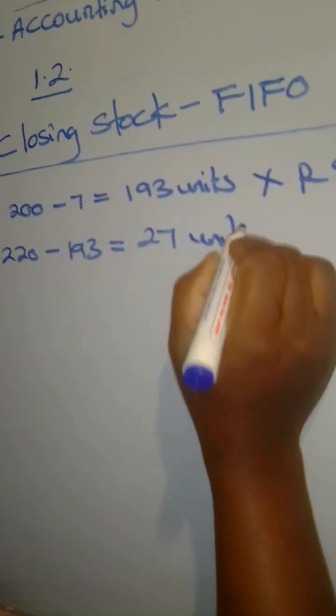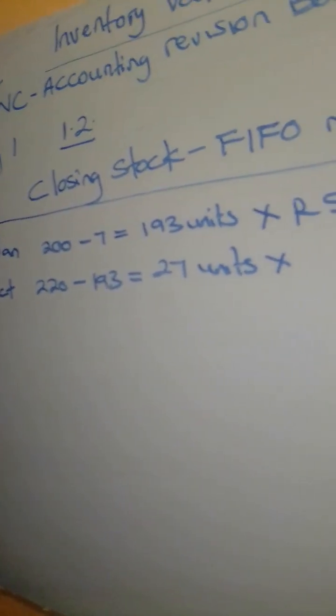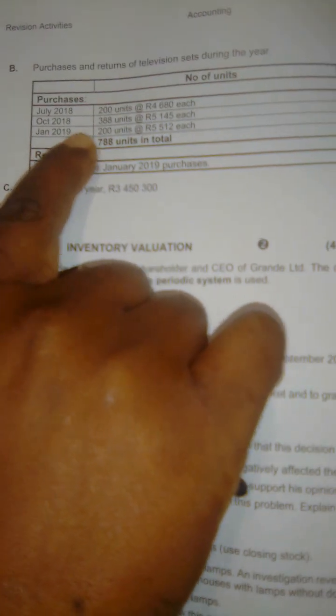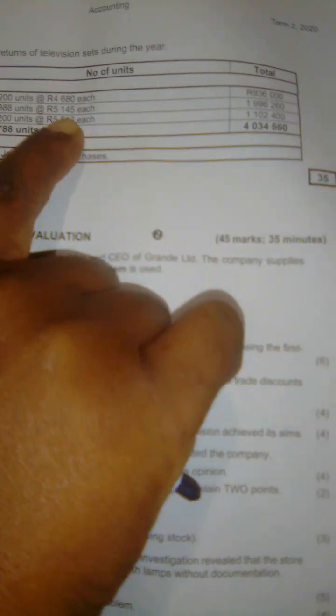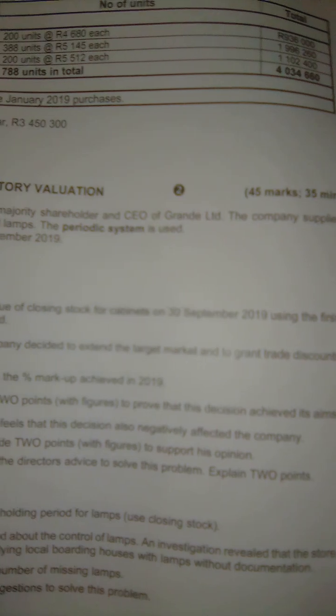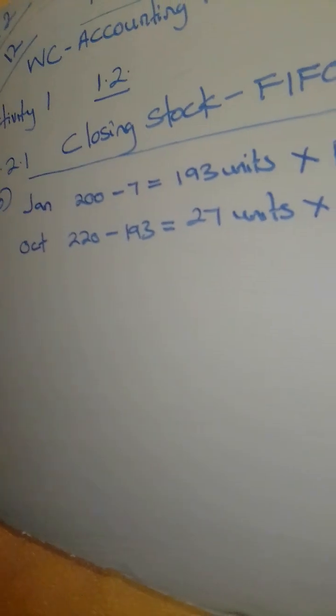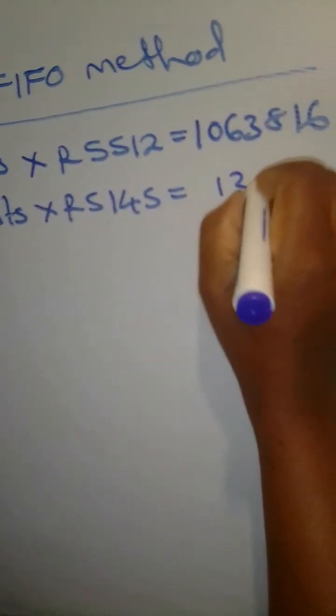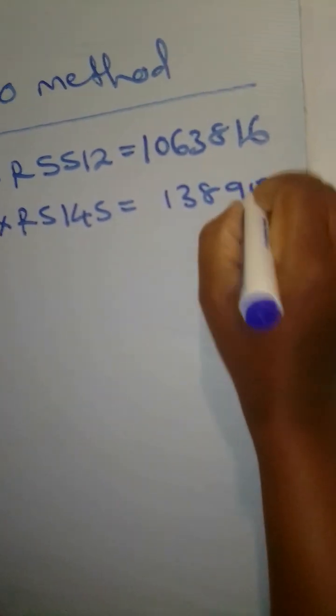27 units are needed to make 220, times what was the cost price for each unit in October. Okay, it is 5,145 each. So it's 27 units times 5,145, which is going to give us 138,915.